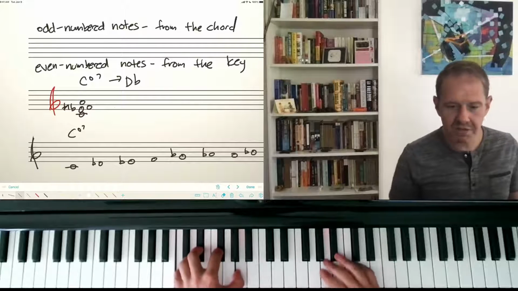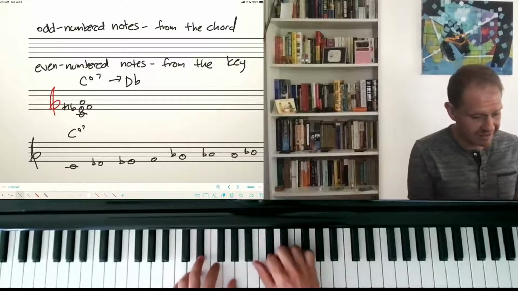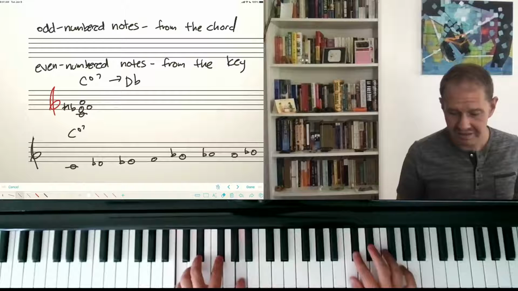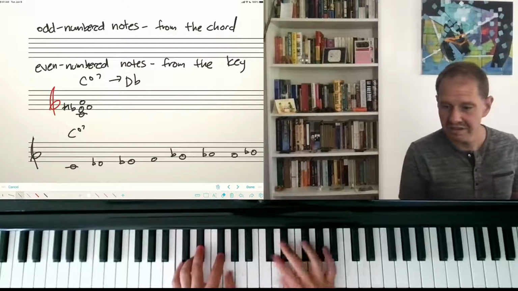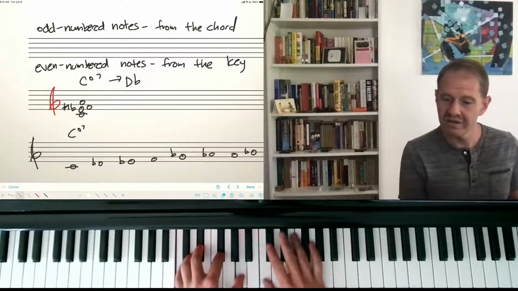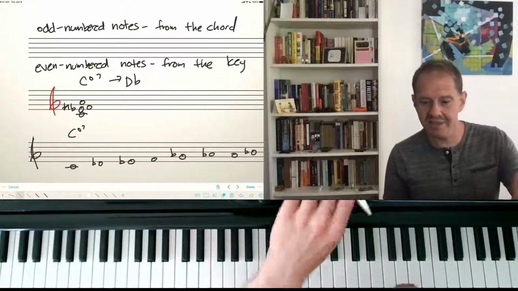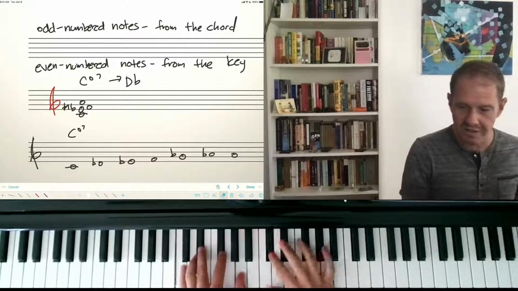B flat is a little bit questionable. One, two, three, four, 5, 6, yeah, so I think we actually don't want that B flat because the A is acting as the seventh here. My apologies.